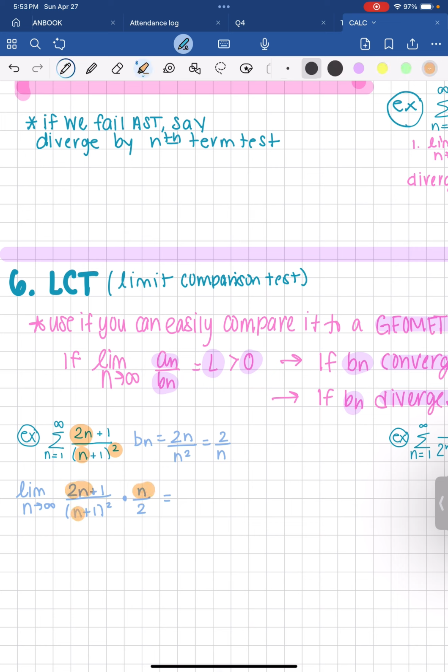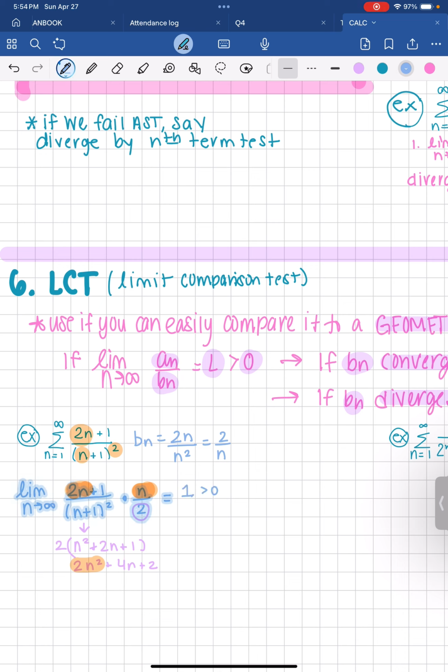If I sat there and FOILed this out, and sometimes it's nice for me to show you the algebra, down here, if I actually squared this out, it would be n squared plus 2n plus 1. If I pull the 2 in, the denominator would be this. So the higher power on top is 2n squared. The higher power on the bottom is 2n squared. So this limit is going to be 1, which is greater than 0.